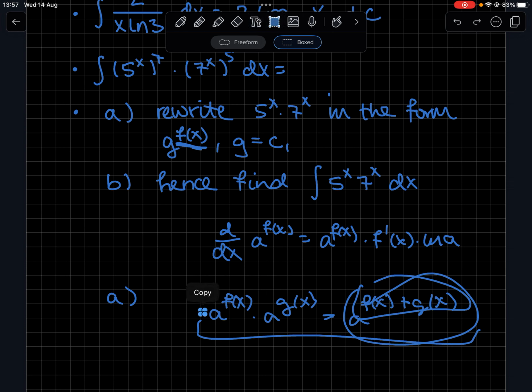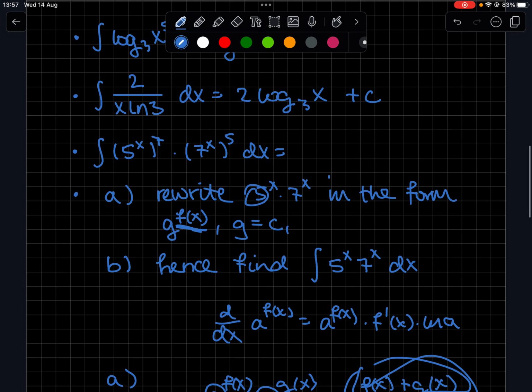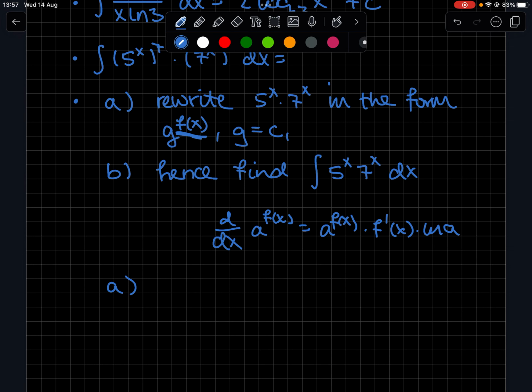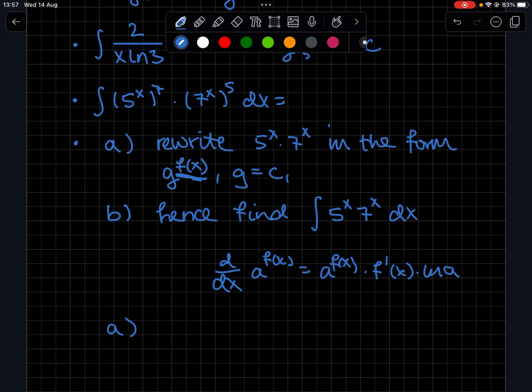So getting a common base over here. Since now we have a base of 5 and a base of 7, let's try to get a common base with varying functions on top. And one way that we can do that is by rewriting 5 as 7 to a function f of x. And that allows us to change our base.